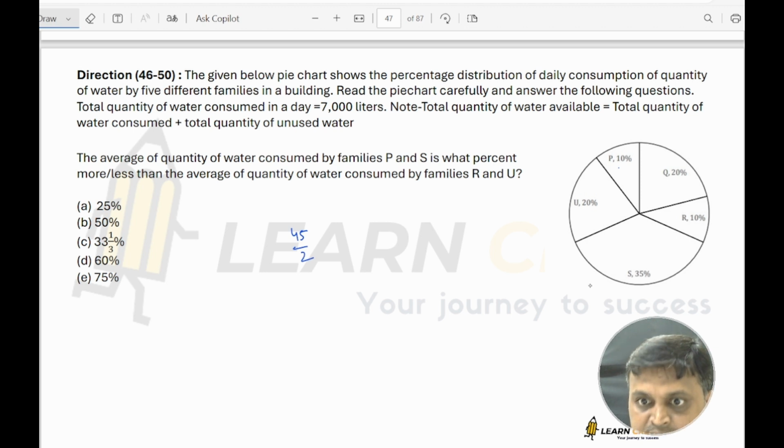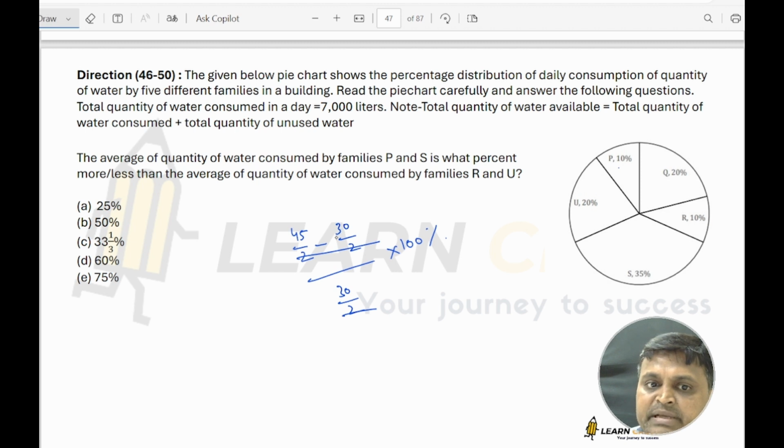The average of R and U: 20 plus 10, 30, by 2. 45 by 2 is how much percentage more than 30 by 2? Difference by base value into 100. 2 is cancelled throughout. 45 minus 30, 15. 15 by 30 is 1 by 2. 1 by 2 means 50%. So the answer is 50%.